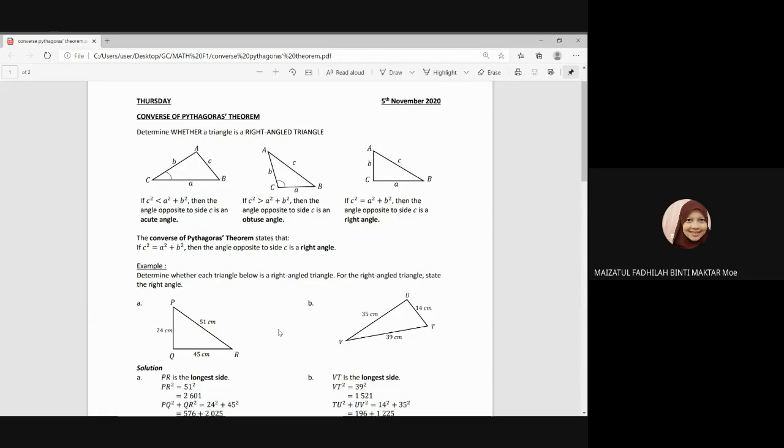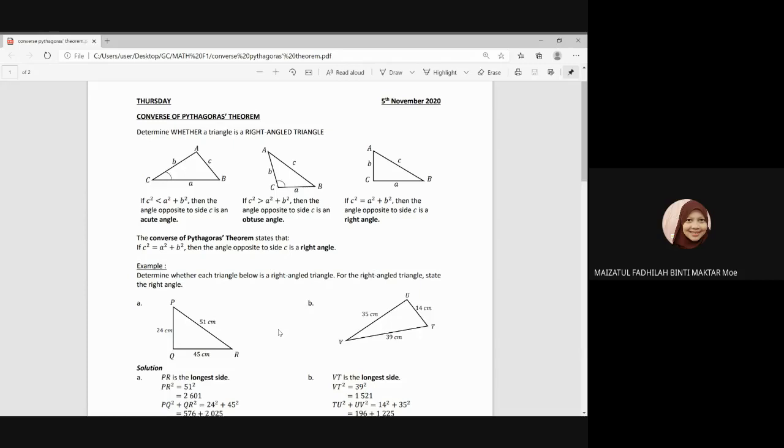Alright, so we go to the new topic, which is the converse of Pythagoras theorem. What is the converse of Pythagoras theorem? It means we must determine whether the triangle given to you is a right angle triangle or not. You can see in the diagram there are three different types of triangle.